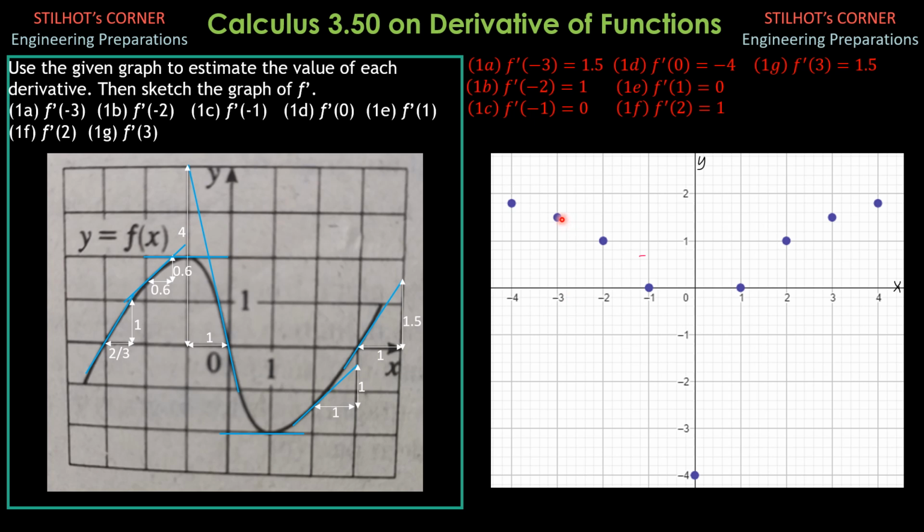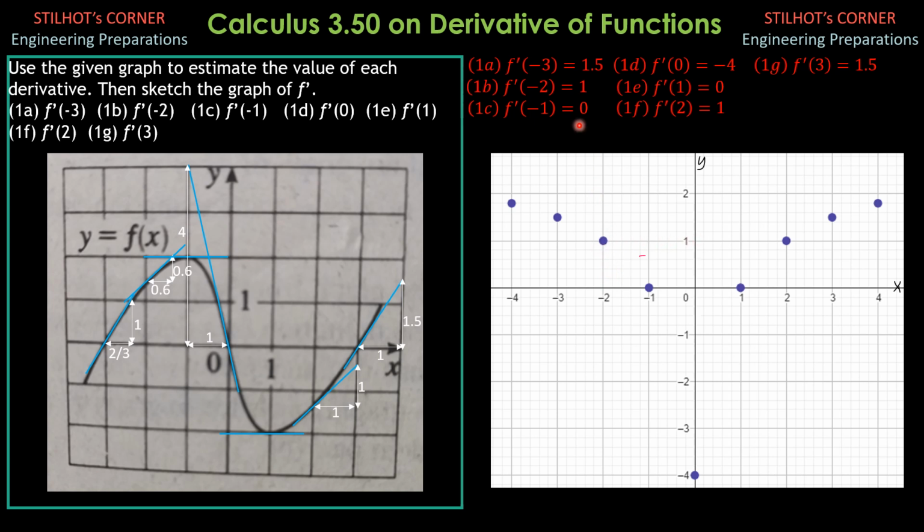So y equals f prime of x, or simply another function g of x, where g of x equals f prime of x. At negative 3, it is 1.5. At negative 2, it is 1.